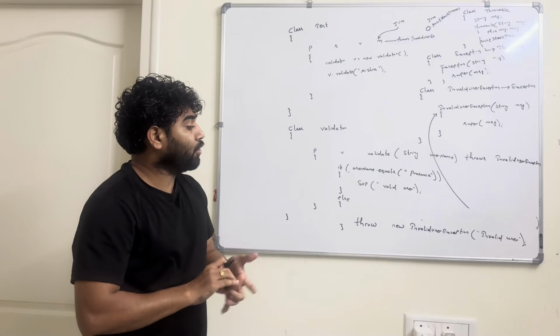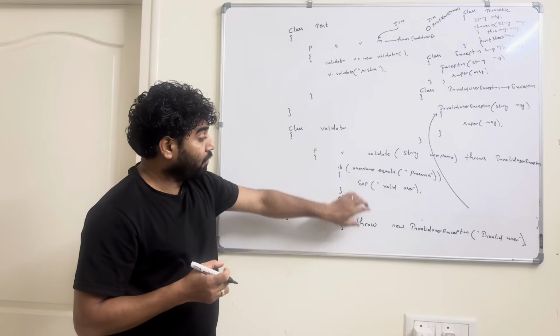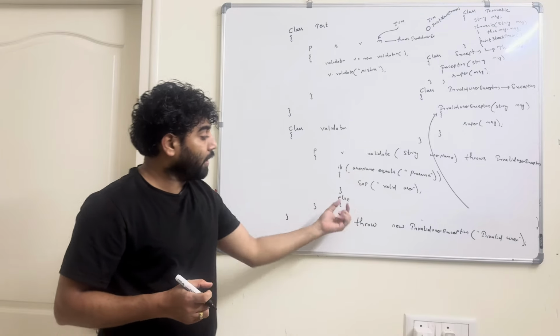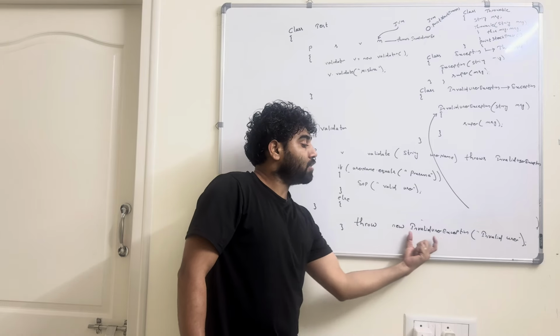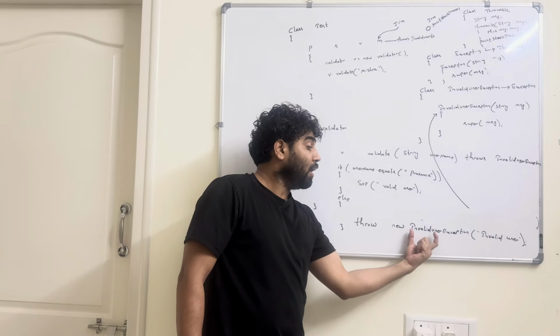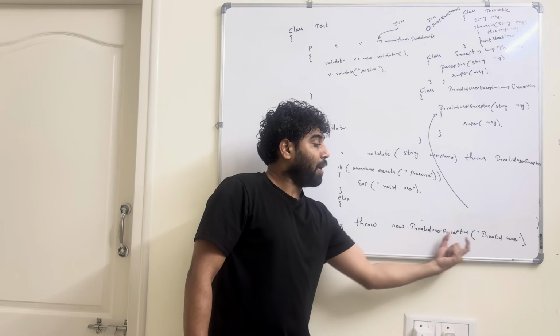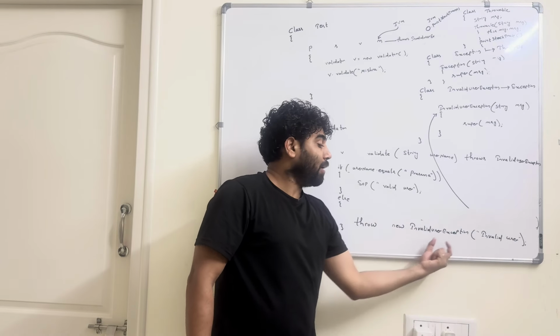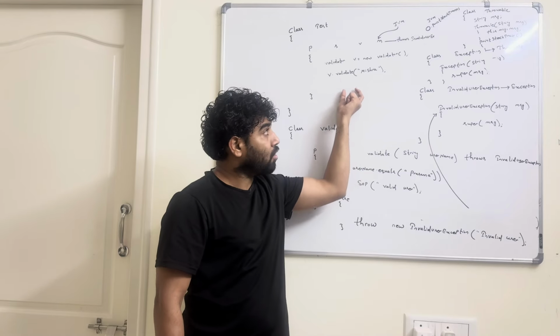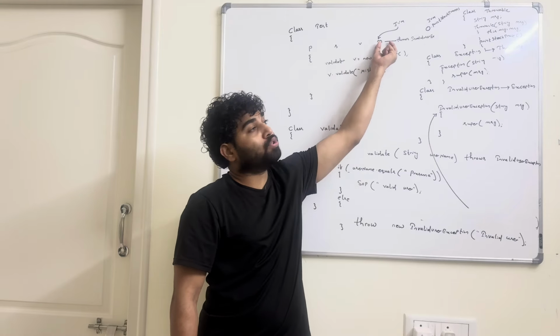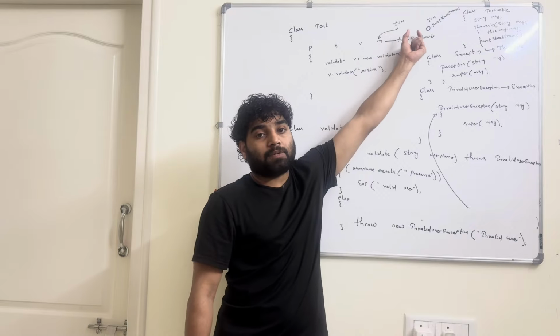So if it is an invalid user, it will come to this else block, and I am throwing this exception object itself. I am creating the exception object by passing this error message, and throwing it to its caller method. As it is not handled there either, it goes to the JVM default exception handler.